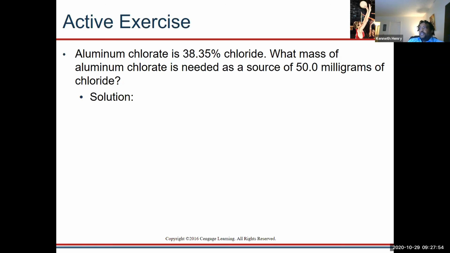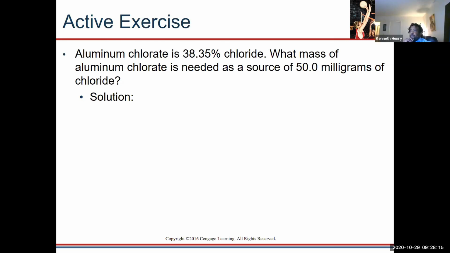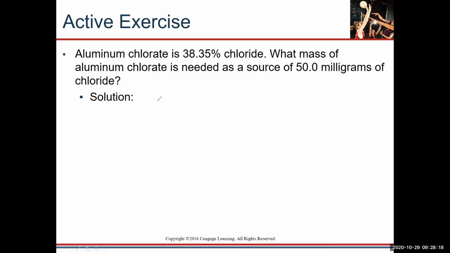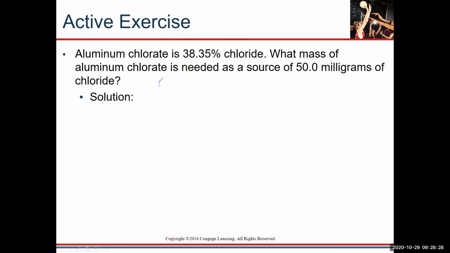Azucena, aluminum chlorate is 38.35% chloride. What mass of aluminum chlorate is needed as a source of 50.0 milligrams of chloride? We do first our chemical formula. So what is our chemical formula? It'll be Al2.